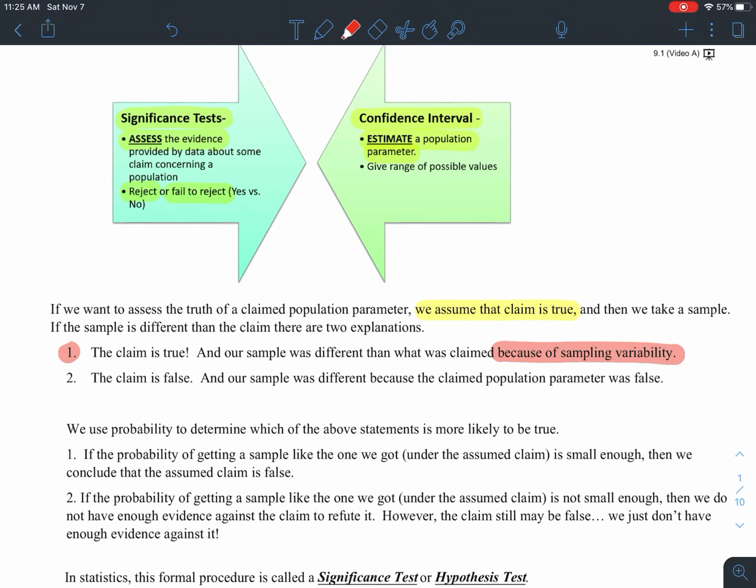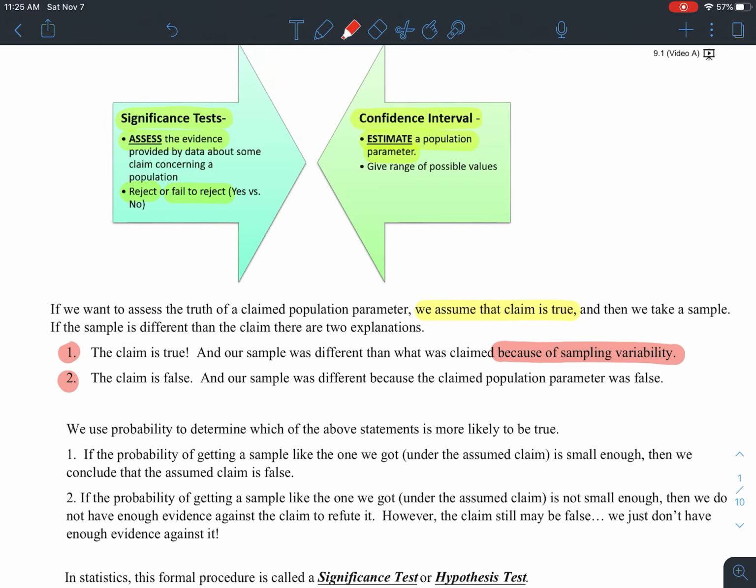We know that when we draw samples, they can vary from one sample to another, and it was just by sheer happenstance that the sample we drew was different from the claim just because of sampling variability. The other option, if our sample is different than the claim, is that the claim was actually false.